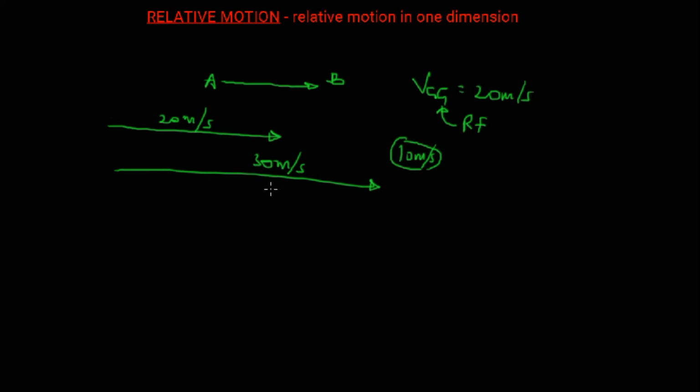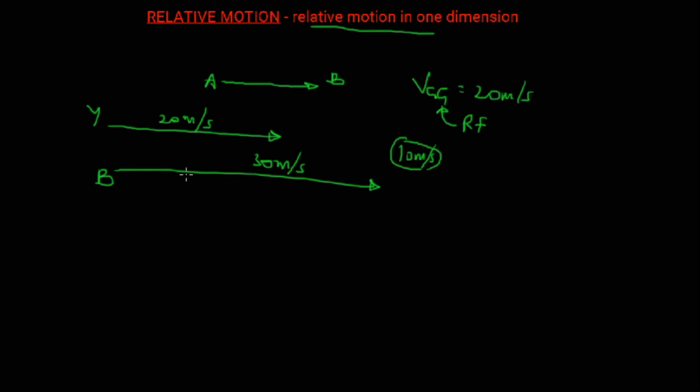Now let's talk about relative motion in one dimension. Let's suppose the case of you and your brother. This scenario is an example of relative motion in one dimension because for both observers, that is you and your brother, you only have two possible directions.